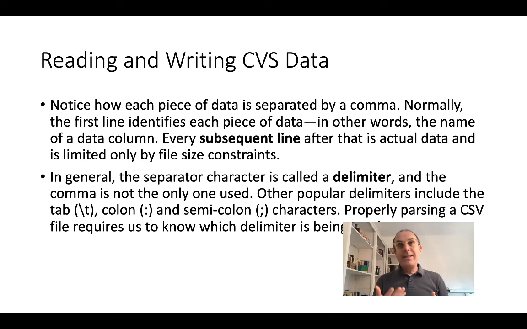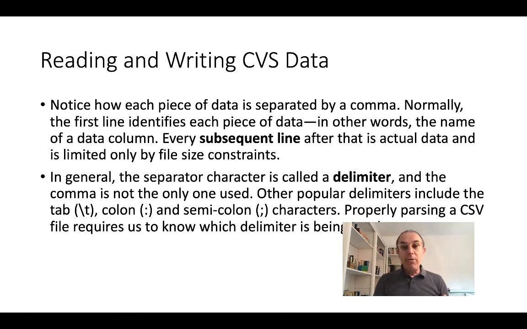Reading and writing the CSV data: note how each piece of data is separated by a comma, and this is a very important thing that you have to remember. Naturally, the first line identifies each piece of data, in other words, the name of the data column. Every subsequent line after that is actual data, limited only by the file size container.